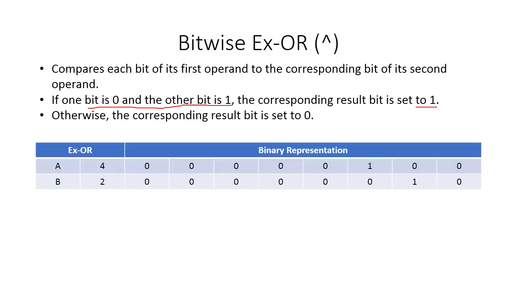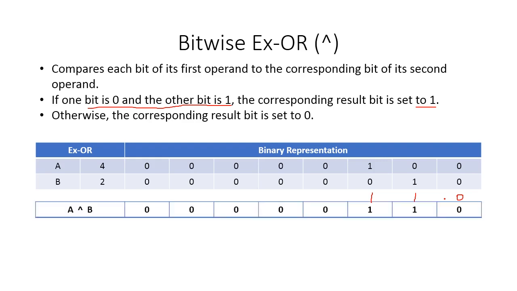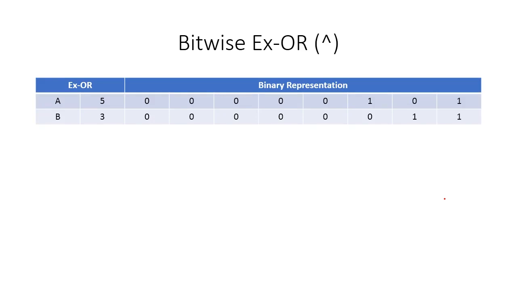Let's take an example. Now here it's a very simple example, right? What is 1 XOR 0 here? It is 1, and 0 XOR 1 is 1. If both are 0, it is 0. And in this example we don't have both 1s, so the final result will be 6 here. Now let's take up this again. 1 XOR 0 is 1, 0 XOR 1 is 1.